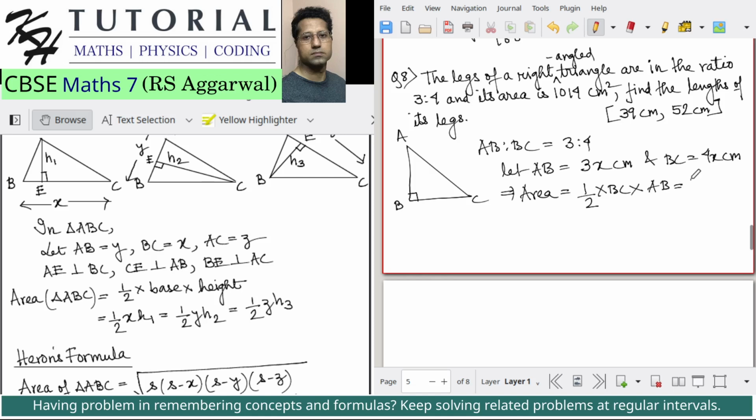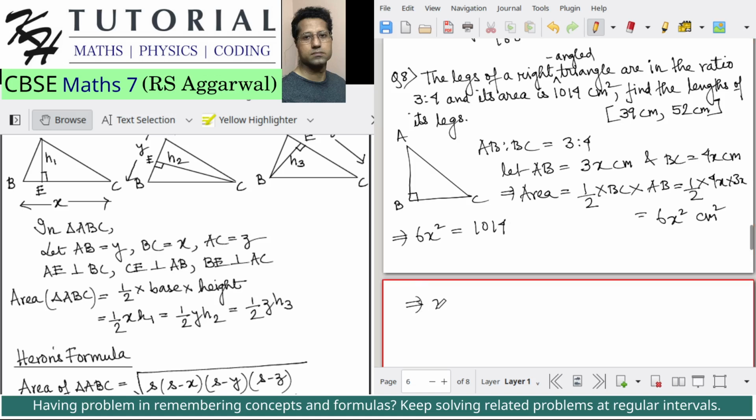This is equal to half multiplied by 4x and 3x. This is equal to 6x square centimeter square. So the area of the triangle is 6x square centimeter square. So this implies we must have 6x square should be equal to 1014, since the area of the triangle is given as 1014 centimeter square.